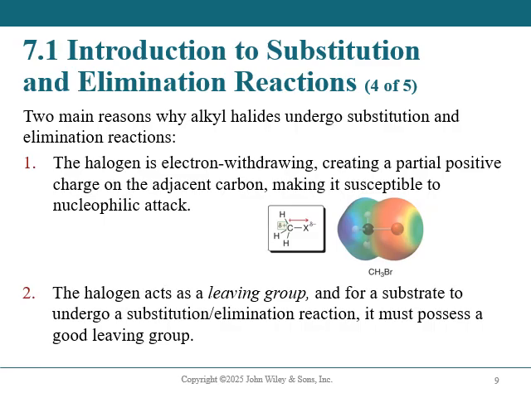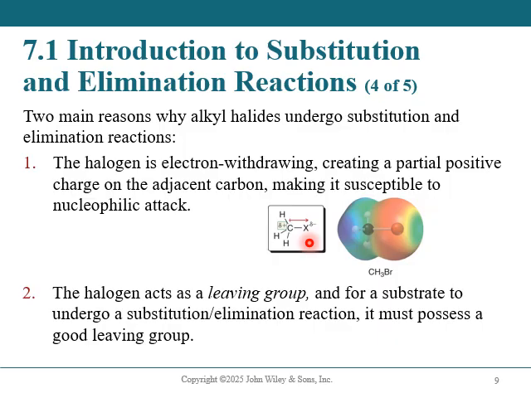Two main reasons why alkyl halides undergo substitution and elimination reactions. The halogen, as you know, is fairly electronegative, so it is electron withdrawing, pulling that electron cloud towards itself. It creates a partial positive charge on the adjacent carbon, making it susceptible to a nucleophilic attack. Another way of looking at it is that this bond between carbon and halogen is fairly weak because the halogen is pulling that electron density towards itself.